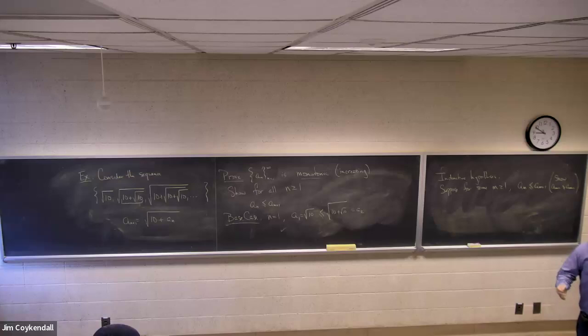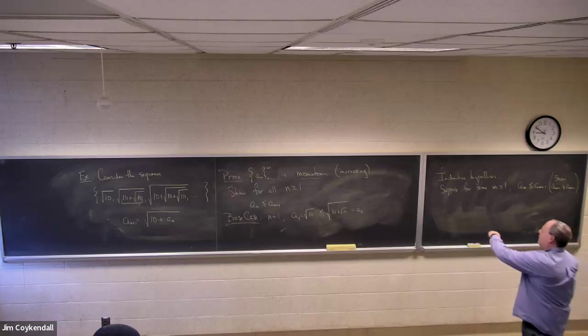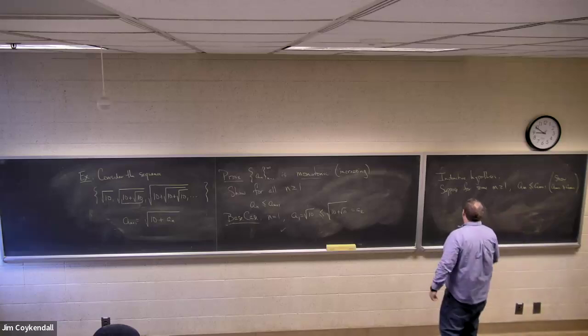We need to show this is true for the next sequence, right? So if this one is less than this one, we need to show that this one is less than the next one. Everybody okay with that? So this should be easy to finish off.